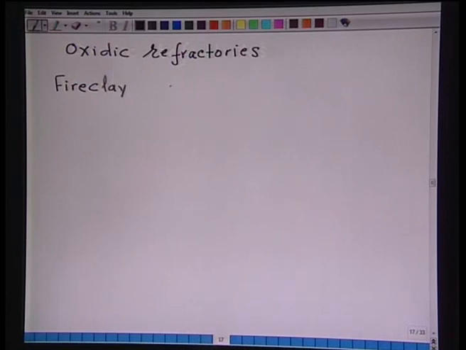Common Fireclay contains 25 to 45% Al2O3 and 50 to 80% SiO2.